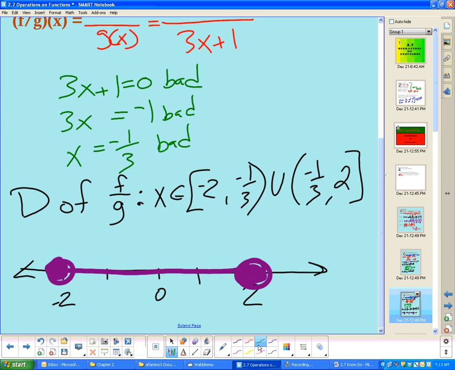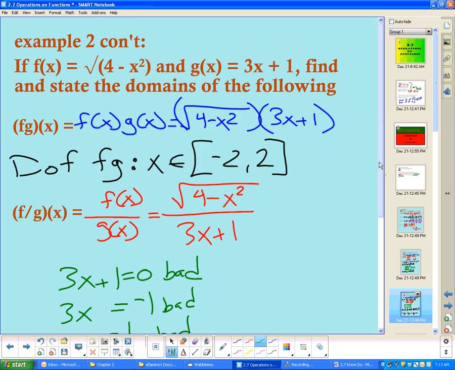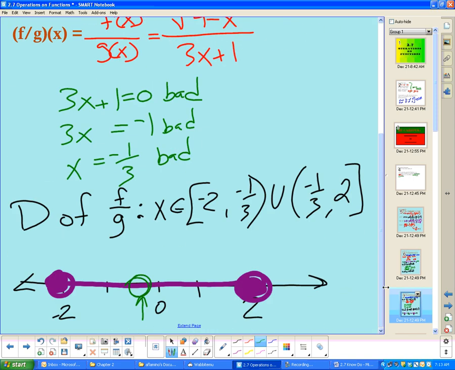Let's say -1/3 is maybe right about there. And I threw that out, created an open circle there. And so we don't have to have that anymore. So that's what that idea meant, where we exclude where g of x equals 0, because we cannot allow for a 0 in the denominator. So I just had to throw out any values that made g of x equal to 0.